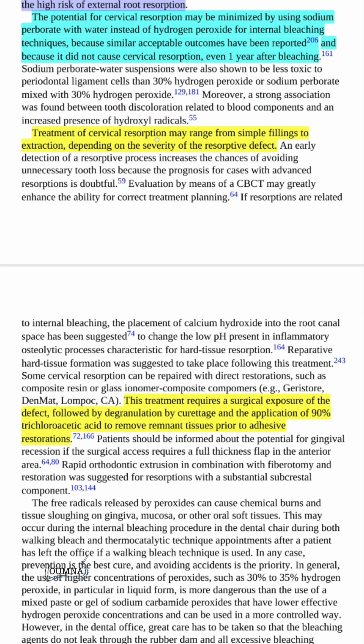The treatment of cervical resorption can range from as simple as a filling to, in severe cases, extraction.